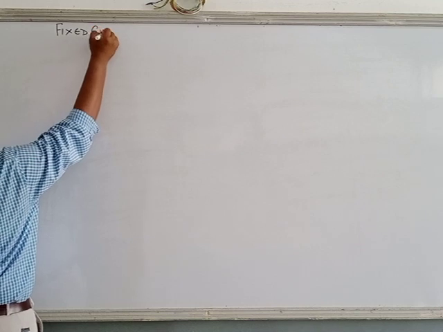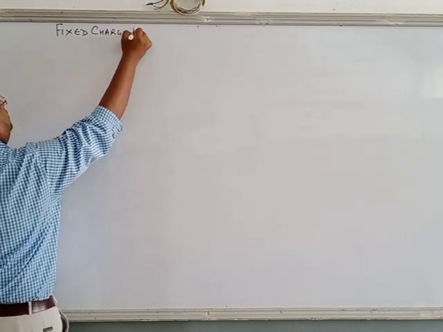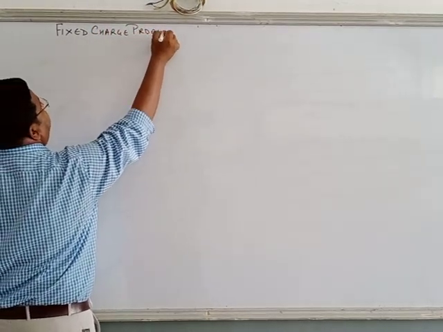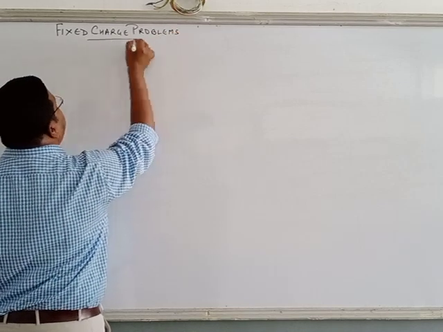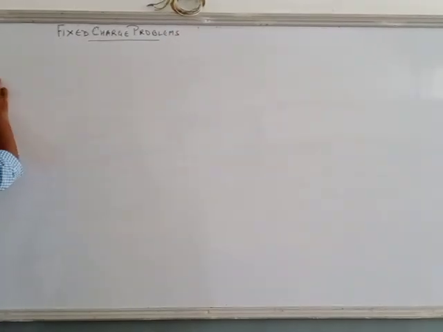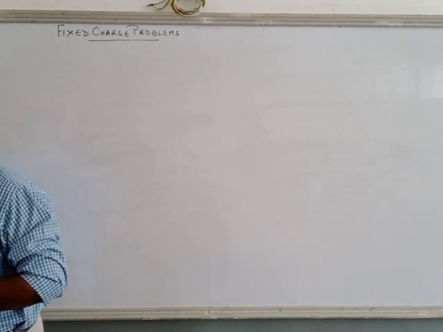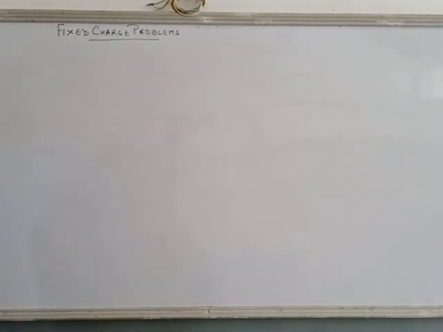Fixed charge problems. Page number 54, fourth part. The taxi charges in a city consist of a fixed charge together with the charge for the distance covered. Now read the last statement over there. He says, what are the fixed charges and the charge per kilometer?